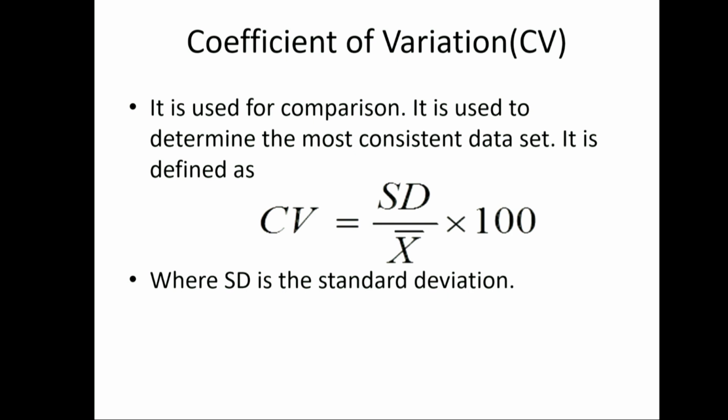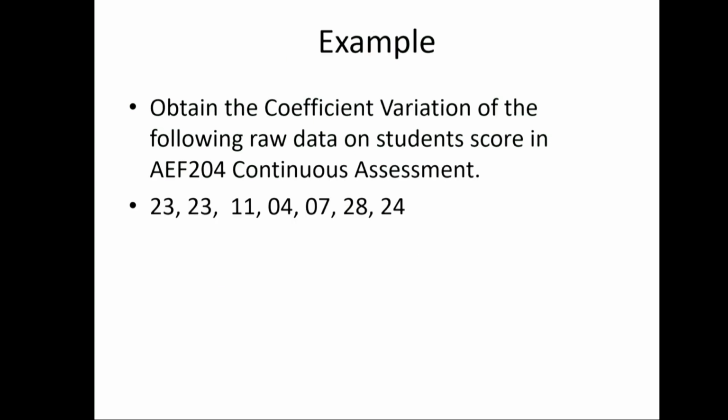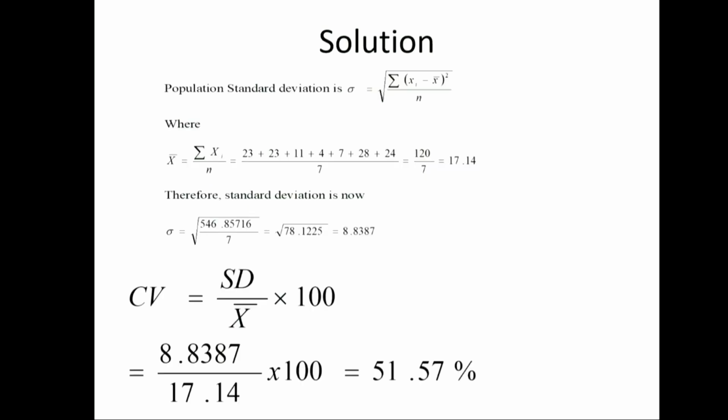Now to illustrate this, let's take an example. We have to obtain the coefficient of variation of the following raw data on student scores in AEF 204 continuous assessment: 23, 23, 11, 04, 07, 28, 24. For this particular one, we have obtained the mean, the variance, as well as the standard deviation before.